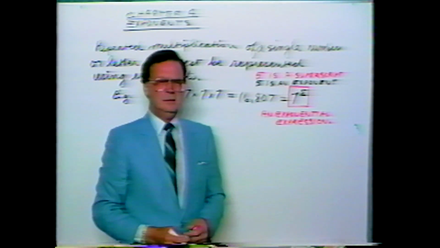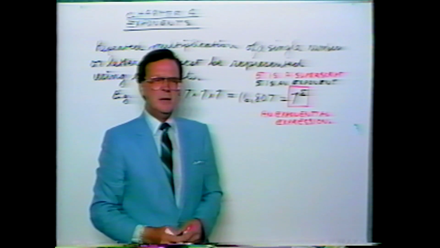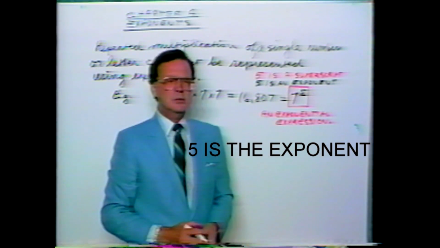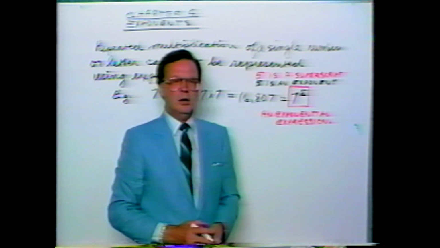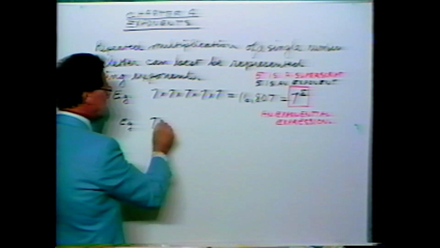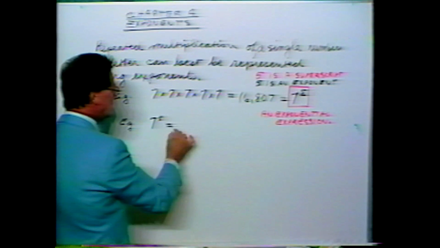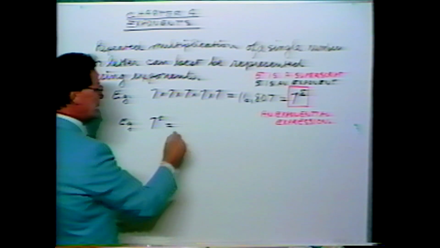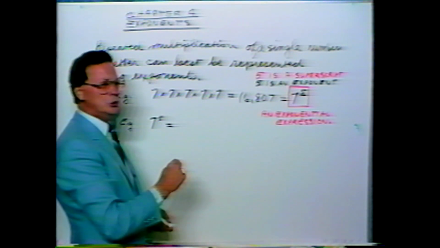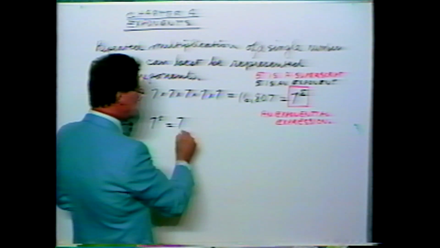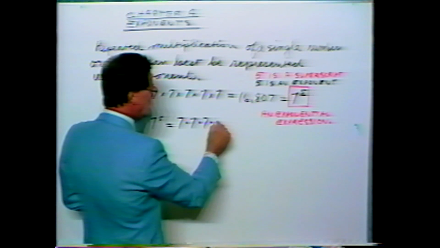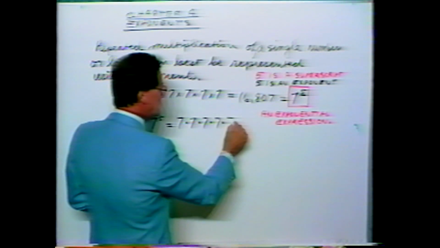On the other hand, at times, we may have to expand exponential expressions such as 7 to the 5th, showing all of its parts. That is, beginning with 7 to the 5th, we can interpret that as meaning, and I'm going to use another way now to show multiplication, 7·7·7, 5 times in succession.